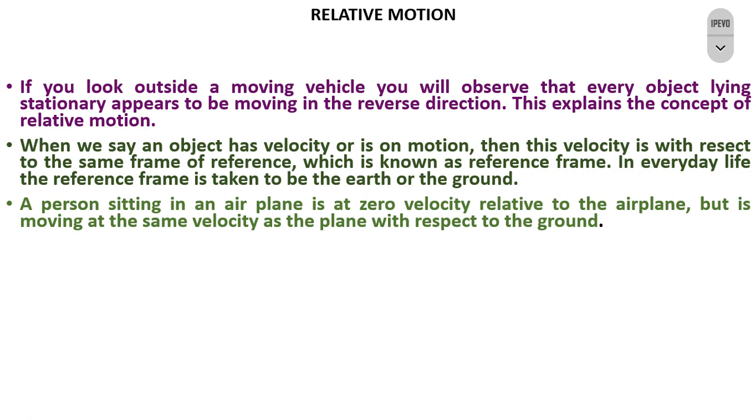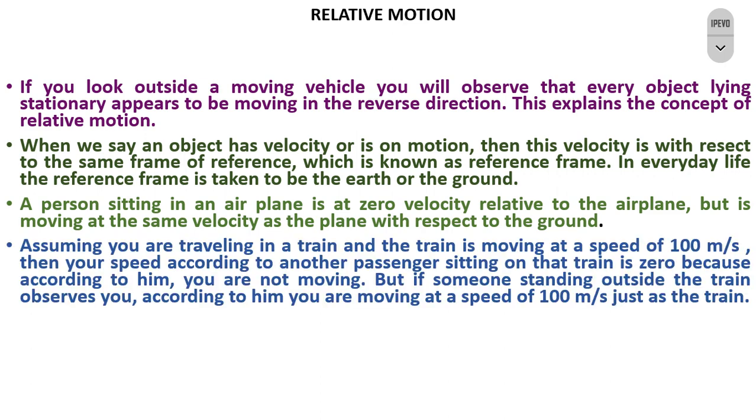But if you observe the plane from the ground, you will observe that the plane is moving at a certain velocity, and the people inside the plane move at a certain velocity. That is the reference frame.